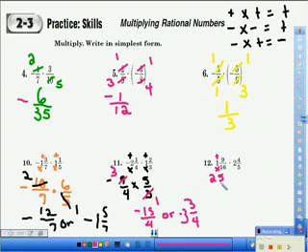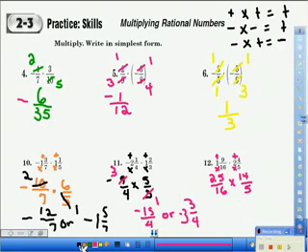We put it back over our denominator, which is 16, times, put our sign back. This is multiplication. This is addition. 5 times 2 is 10 plus 4 is 14. And we put it over our denominator, which is 5.